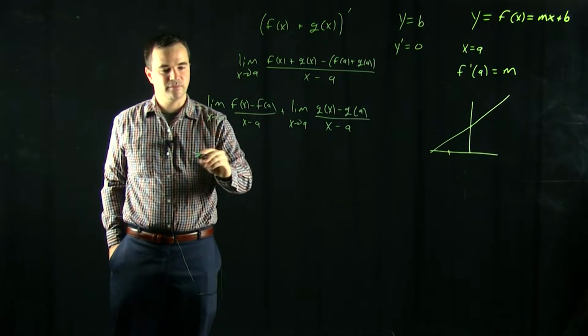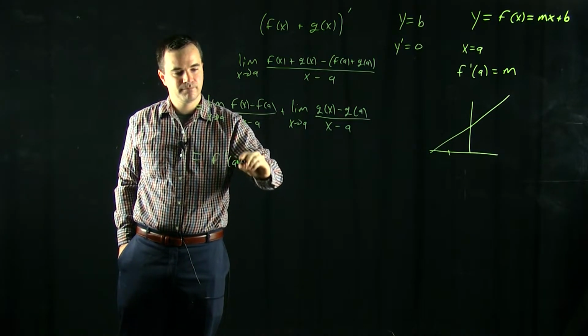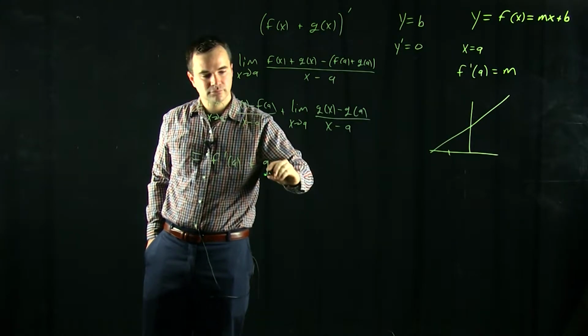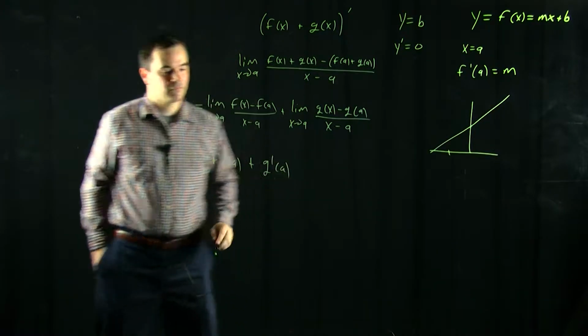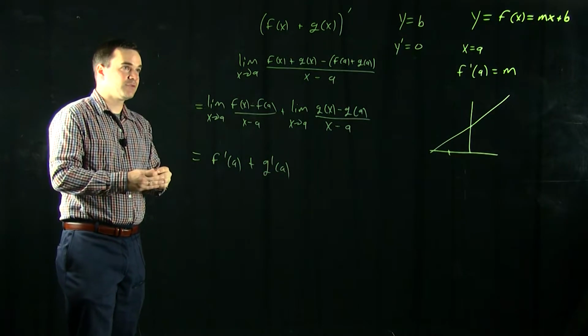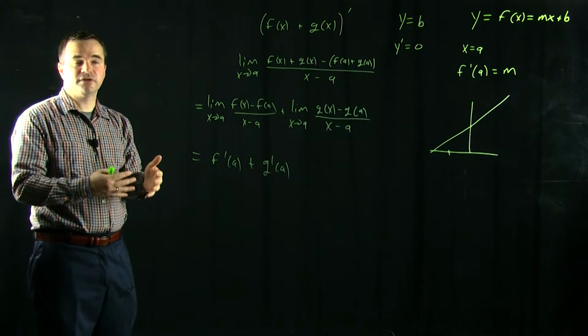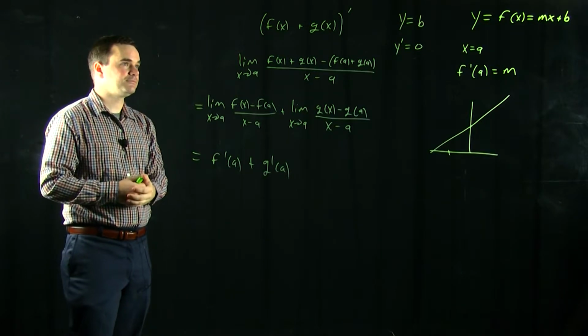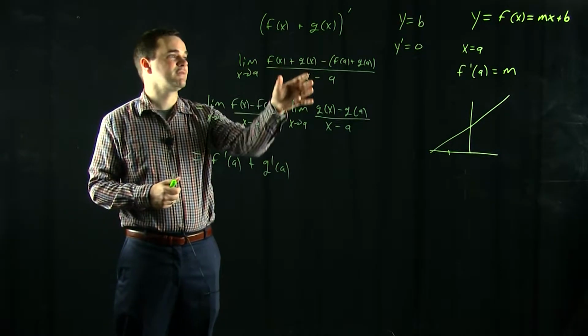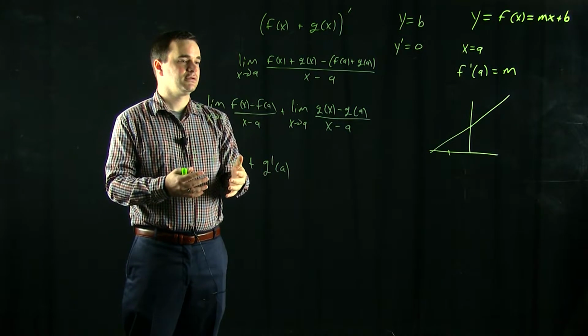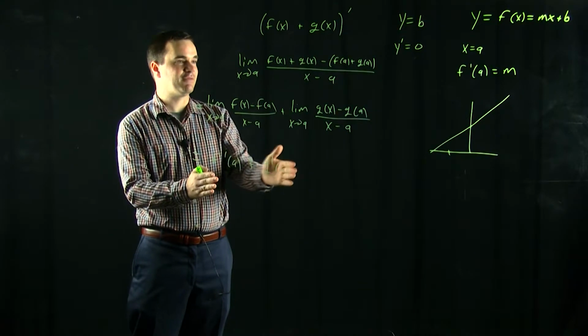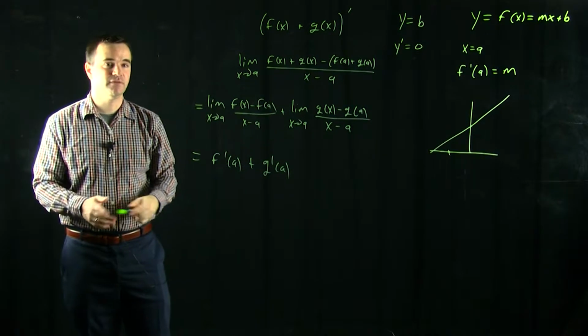And that's nothing but the sum of the two derivatives. So whenever you have two functions and you know how to differentiate them individually, then their sum, you take the derivative of that, and it's just going to be the sum of the derivatives. And that's the same thing as the limit law for sums.